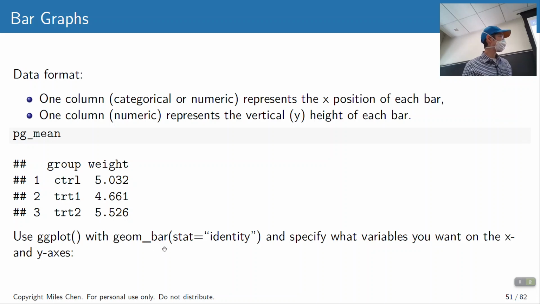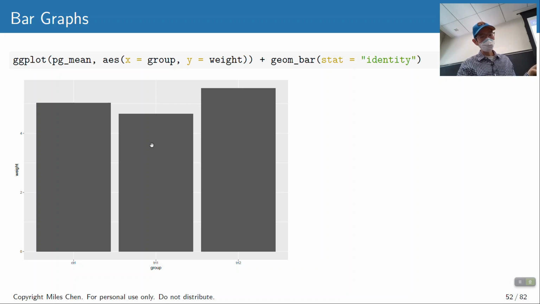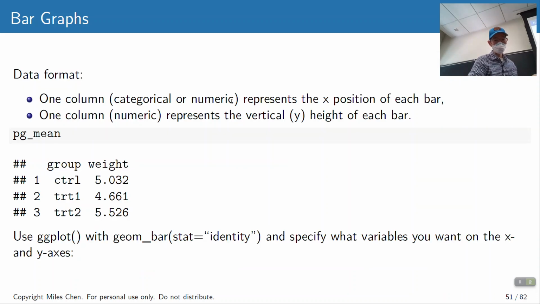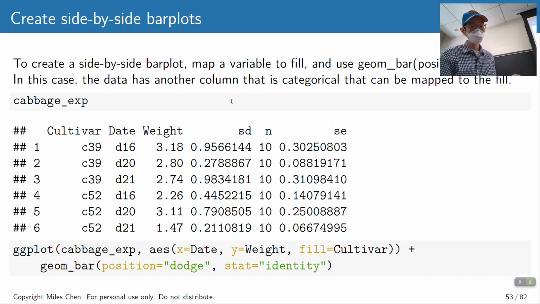So I'm going to call geom_bar, and we're going to map the group onto the x-axis, the weight onto the y-axis. And when I call geom_bar, I want the height of the bar to actually be this value itself. So we're going to use stat equals identity. And when we do that, we see control is 5 point something, treatment 1 is 4 point something, treatment 2 is a little bit higher than that, okay?